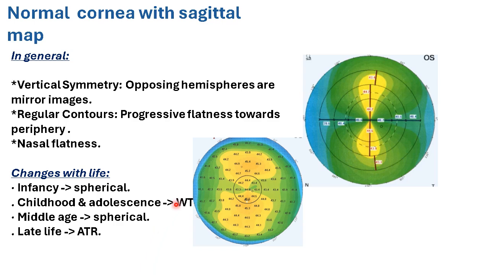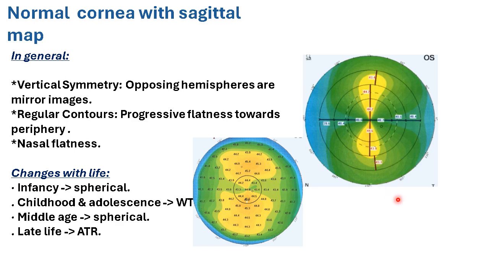The normal shape of the cornea in the curvature map or the axial map shows a high degree of symmetry across the horizontal midline. As you can see here, the typical appearance is a symmetric bow tie, and it also shows a homogeneous, uniform distribution of the power of the cornea.